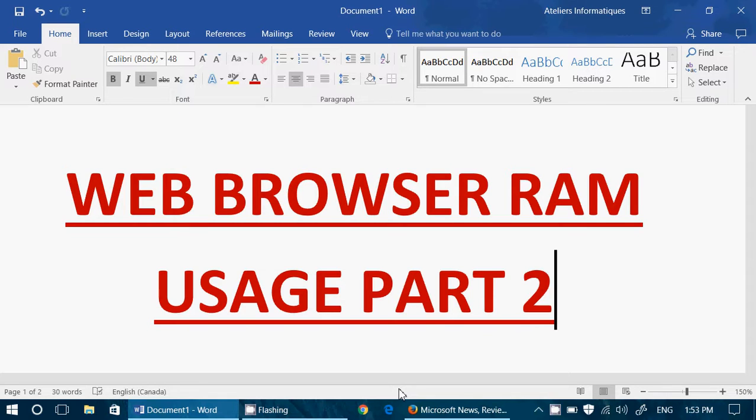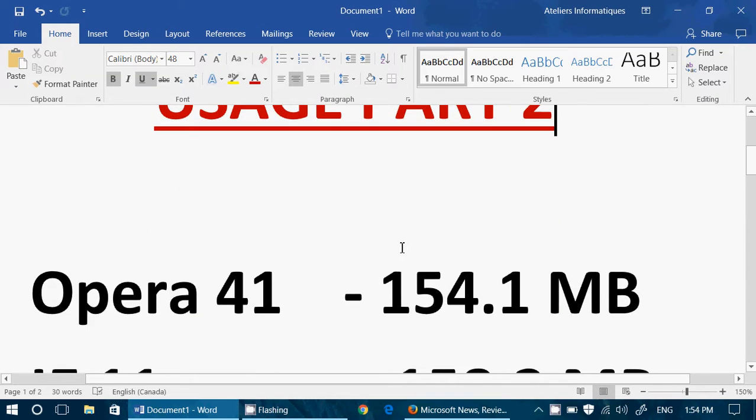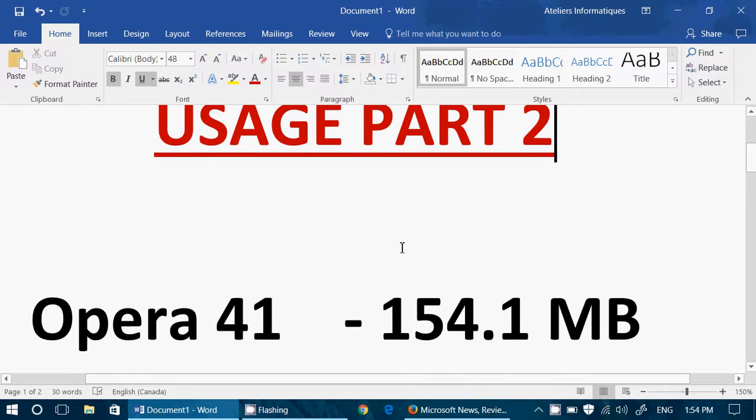I've of course tested Opera 41, Mozilla Firefox 50, Google Chrome 55, Internet Explorer 11, and Microsoft Edge using Anniversary Update. So in RAM usage, the lowest usage winner comes to Opera 41 at 154.1 megabytes on average.